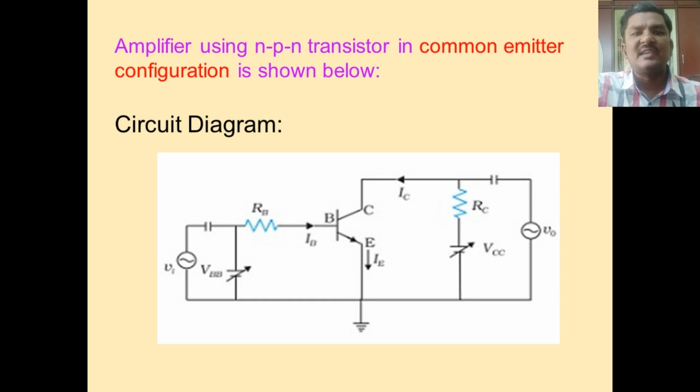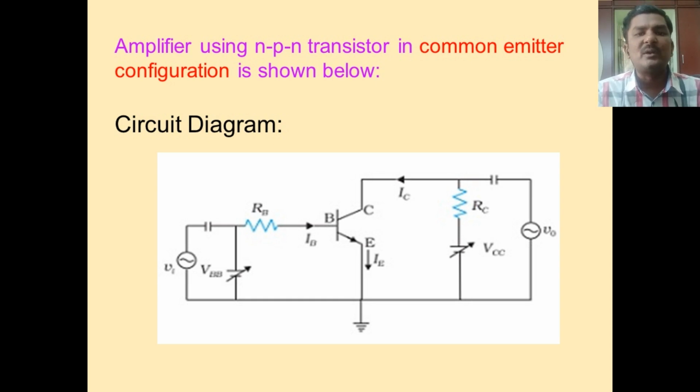So RC or RL is load resistance. Base resistance RB. A circuit diagram of NPN transistor in common emitter configuration. RL represents the load resistor connected in the output circuit, that means the collector circuit.